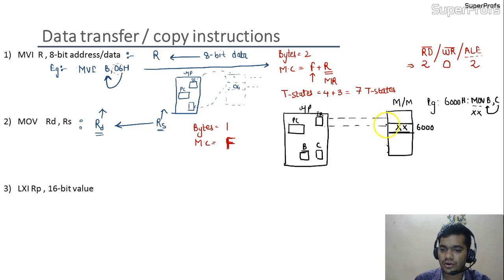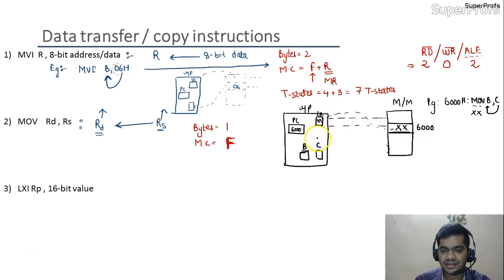When the program counter is fed with 6000, it would access the opcode and transfer it to the instruction register. After decoding it, the microprocessor would understand what instruction is going to be performed and what machine cycles and bytes are available for it. Now there is no memory access required again, because no data is accessed from the memory.